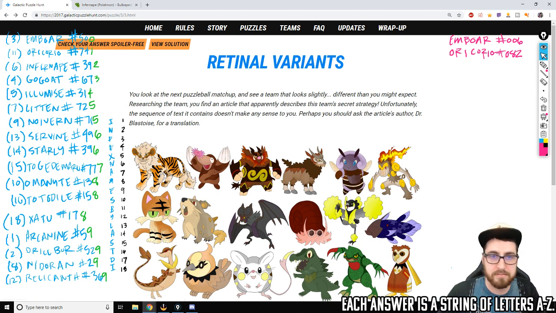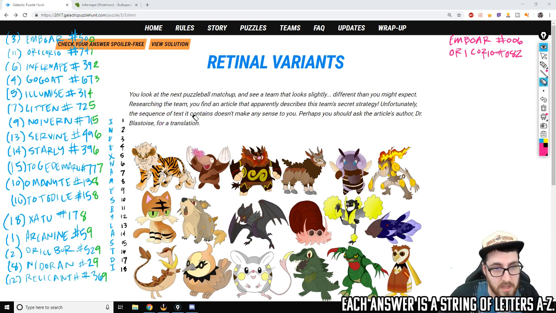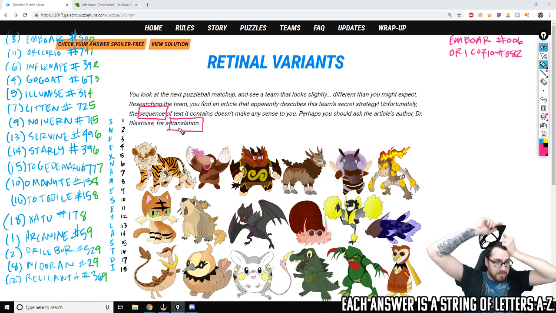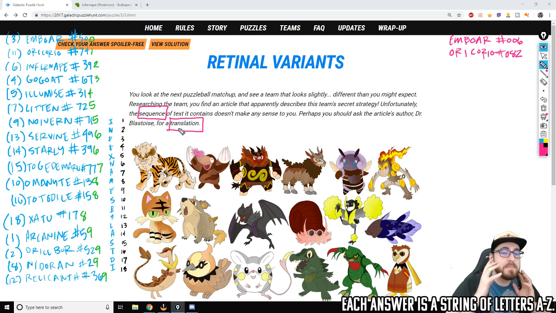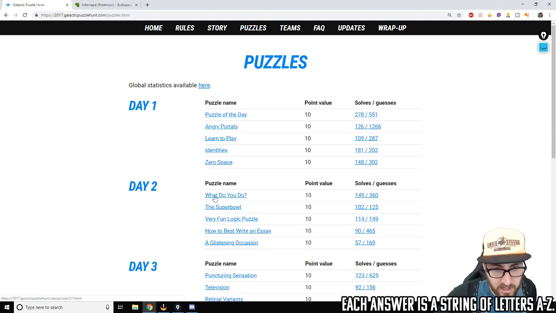Now, Cranky has pointed out sequence and translation, right? Now, in past puzzles, these have meant something. When I think of sequence, the language has meant something, right? Like, let's go back to puzzles here.